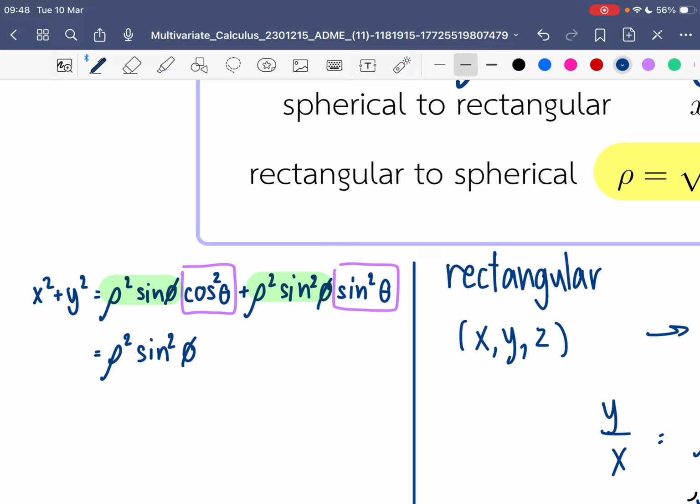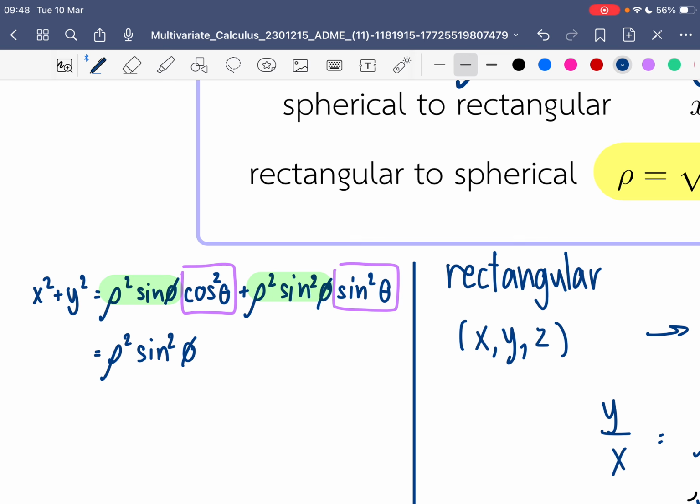Alright, let's try to do things like brute force first. The first one, I want to convert the point 0, 2 square root 3, minus 2 from the rectangular coordinates to the spherical. So for number 1, I will compute the rho.